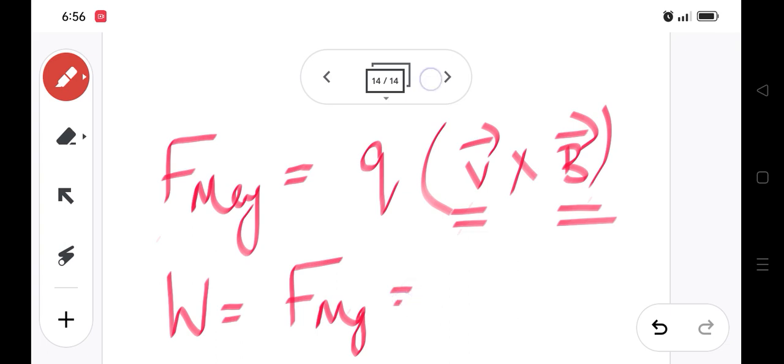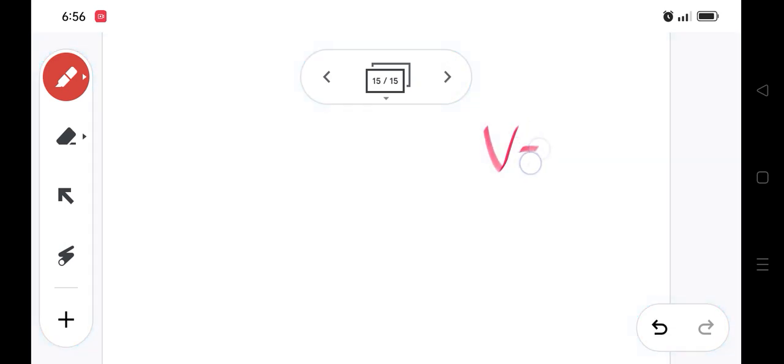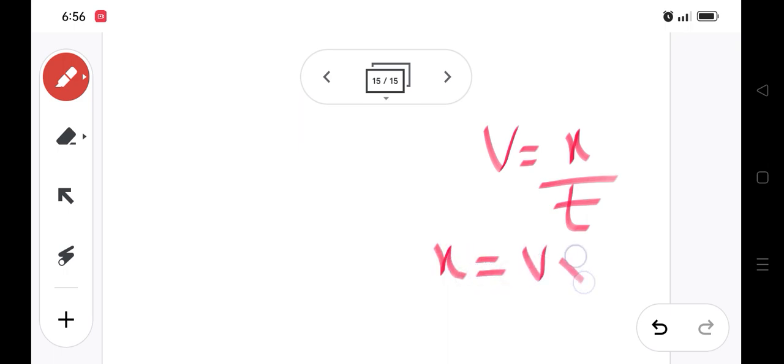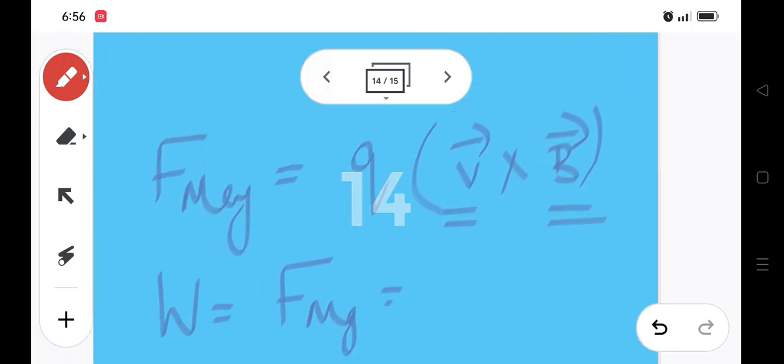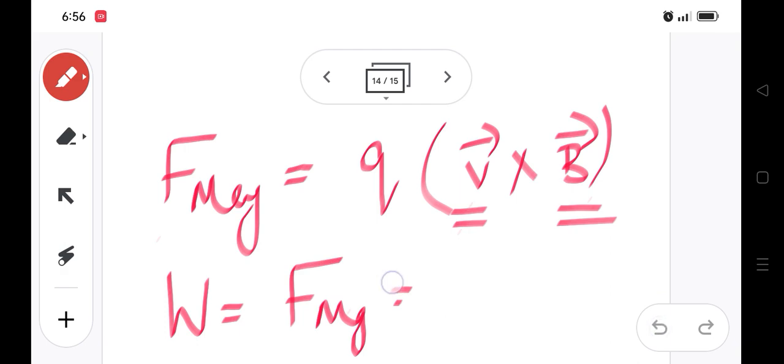We know velocity equals displacement by time, so displacement equals velocity into time. So F magnetic into velocity into time.